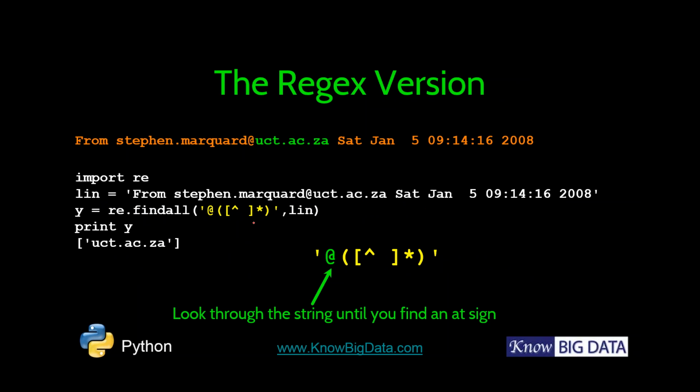All right, so we're saying now, wherever we figure out the at sign, we're going to start our search. So we start our search from here, and then what does this caret symbol inside the square bracket signify?